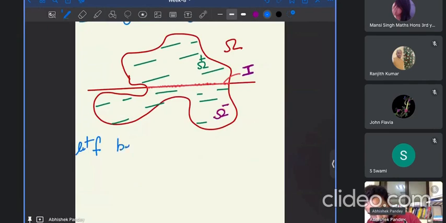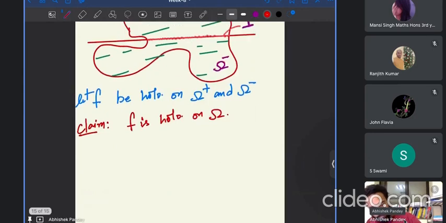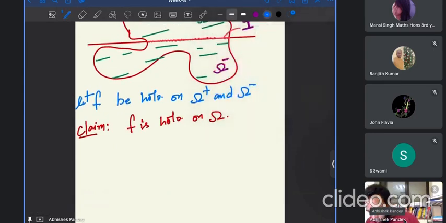The claim is that F is holomorphic on the whole Omega.